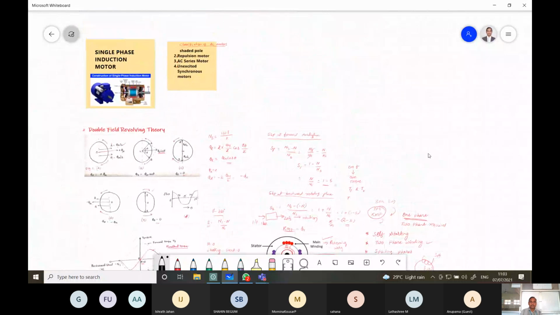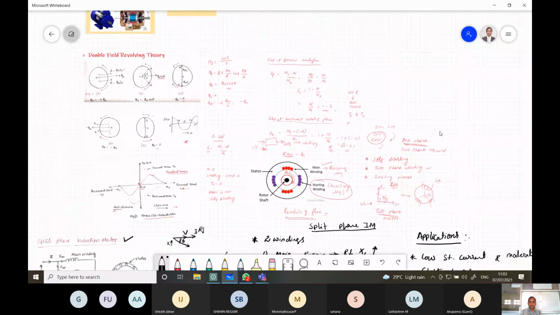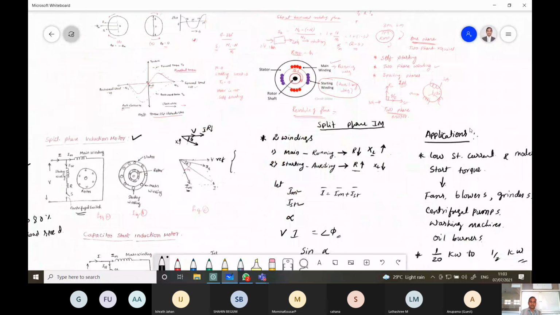We discussed single phase induction motor, types of single phase induction motor, the double field revolving theory, and one type, the split phase induction motor. In the examination you may be asked to explain the construction and working principle of the split phase induction motor. So draw all the diagrams and mention the theory, construction, and how it works, along with the phasor diagram, and mention the applications of the split phase induction motor.